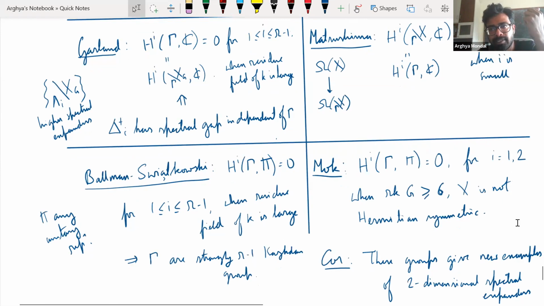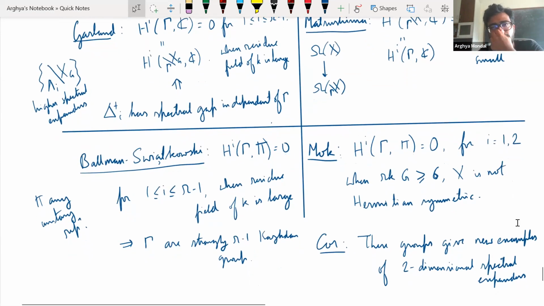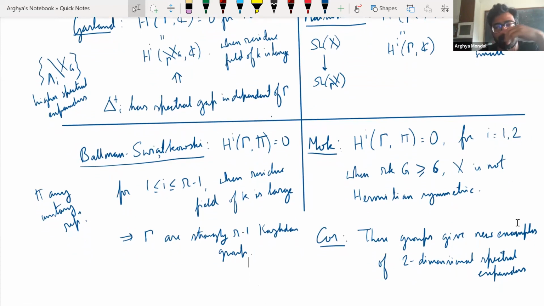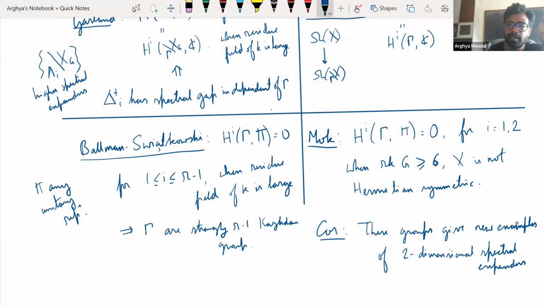the Archimedean case, and in the Archimedean case, the result of Matsushima was generalized by Mok for cohomology with twisted coefficients in any unitary representation, and he showed that the first and the second cohomology will vanish for groups with rank greater than or equal to 6, and also the symmetric space should not be Hermitian symmetric.